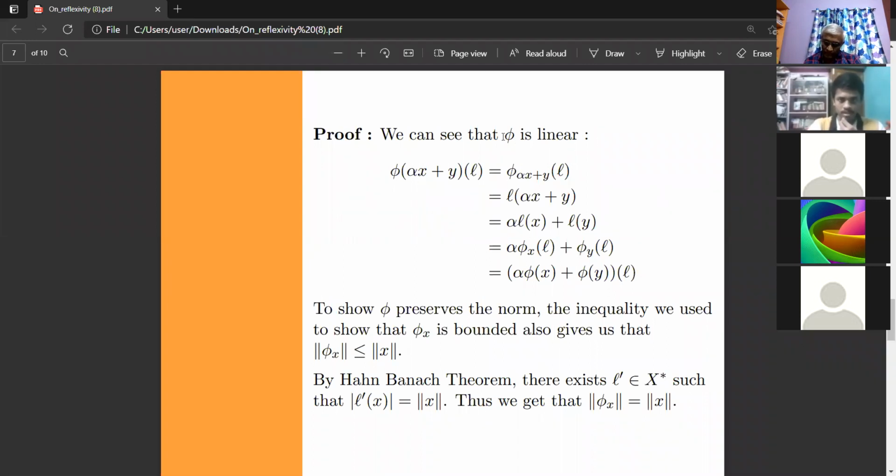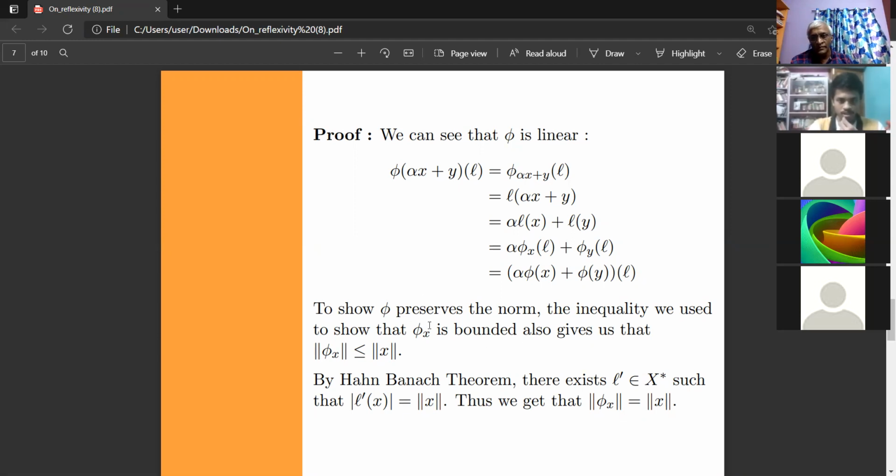To prove that, phi is linear first, because phi of alpha h plus y at L is going to be L of alpha h plus y, and since L is linear, we easily get that this is equal to alpha times phi of h plus phi of y at L. So we can see that the map is linear, and we also have to show that it is an isometry.